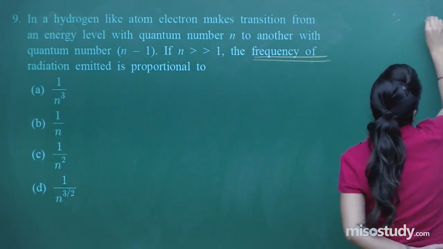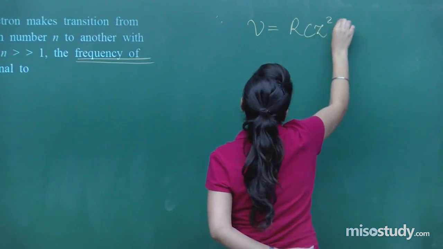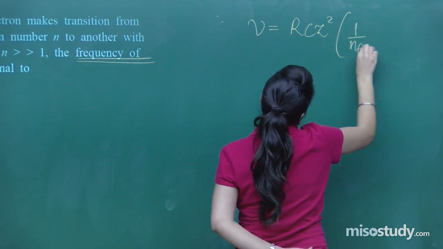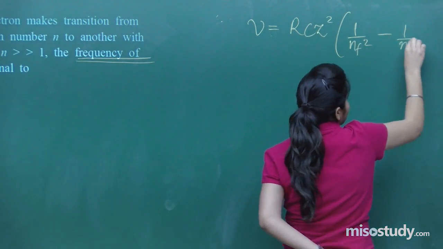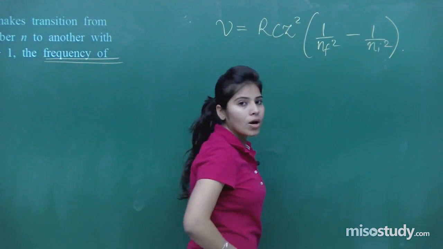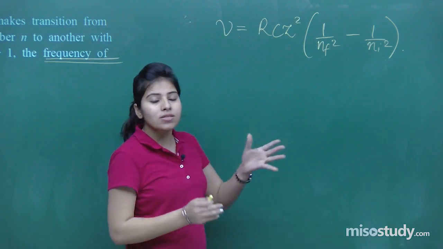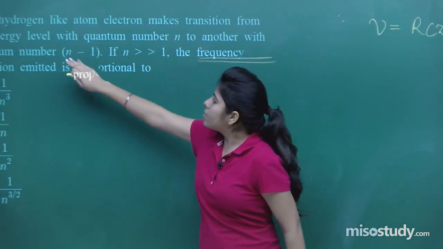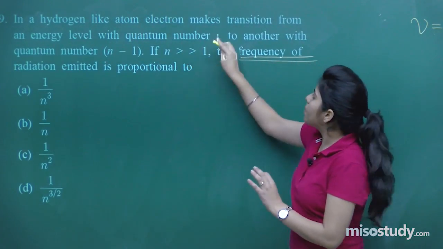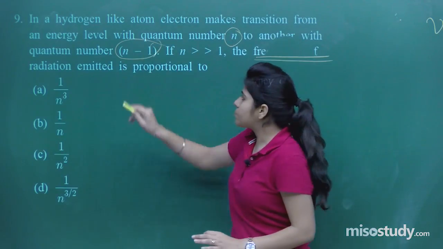So we know that the formula for frequency is RC(Z) square into 1 upon nf square, that means final energy level, minus 1 upon ni square. Okay. So this we have before us. We know that the electron is making a transition from the energy level with quantum number n to n minus 1.